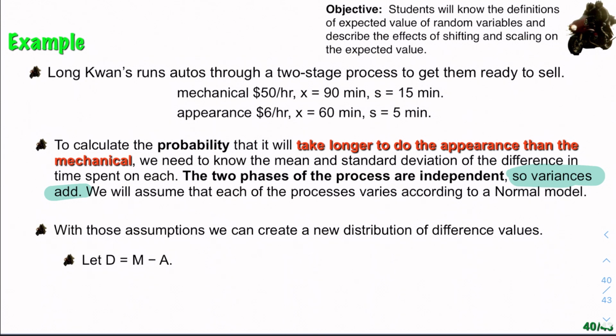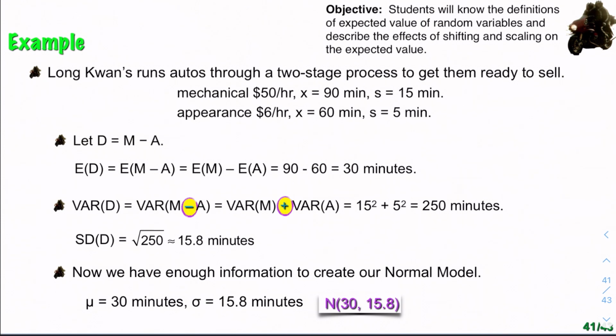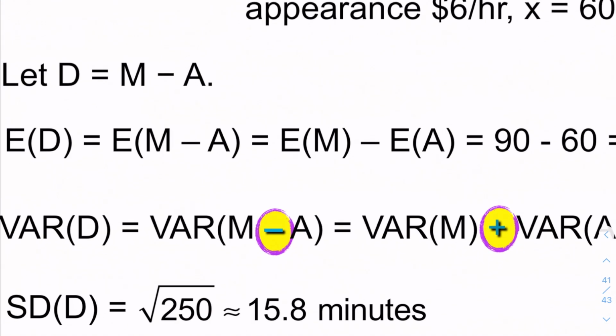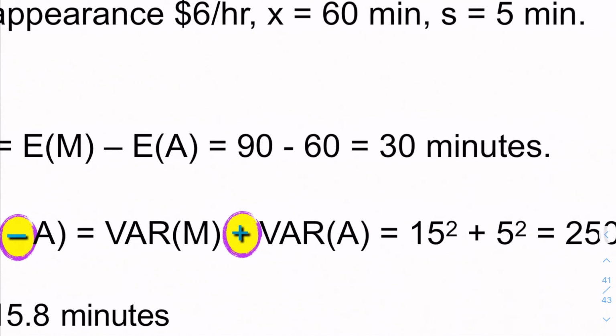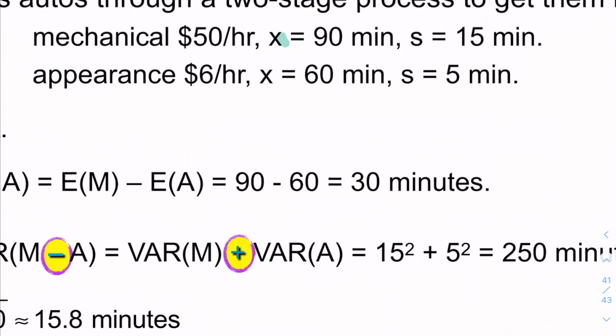So let D for difference be mechanical minus appearance. We take the expected value of each and subtract those. So it's 90 minus 60 in our given information. So we have an average of 30 minutes as our new model's mean.